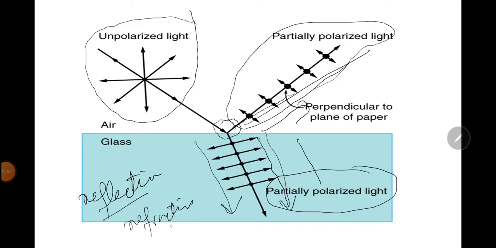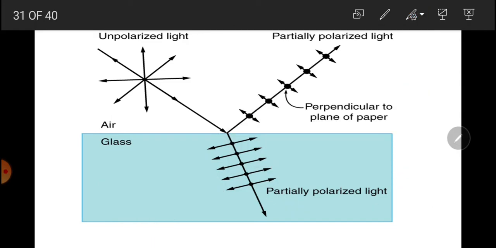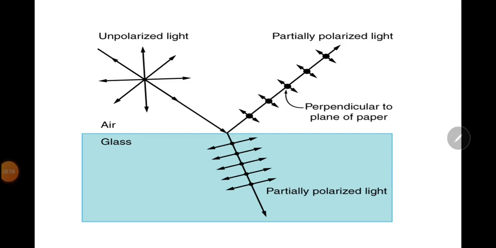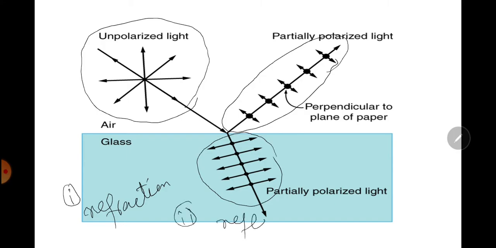Now I will clear it. This is unpolarized light. This is polarized after reflection, and this is polarized after refraction. So here two types of polarization take place: polarization by refraction and polarization by reflection.